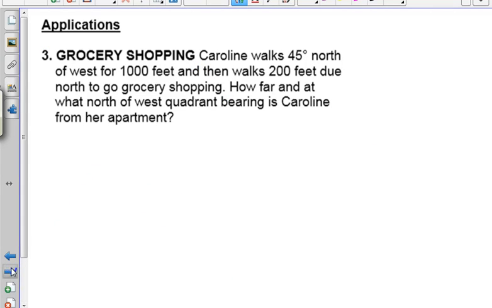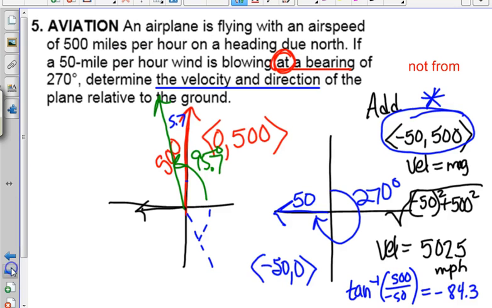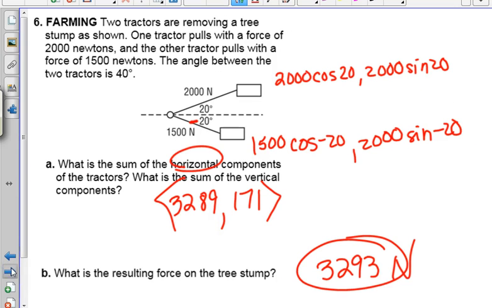Worksheet 2. We didn't do 6 yesterday? I'm pretty sure I did 6 yesterday, because this is the exact slides that were open yesterday.